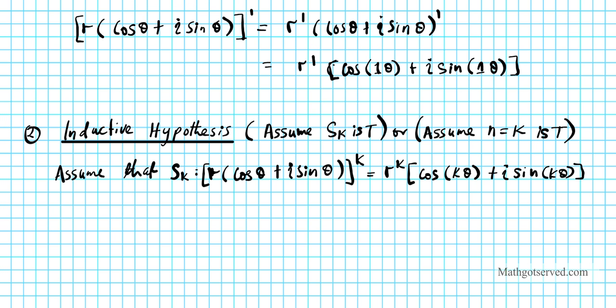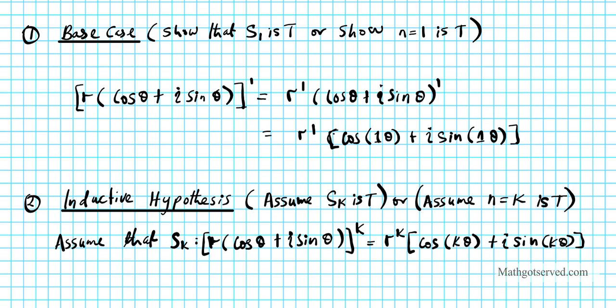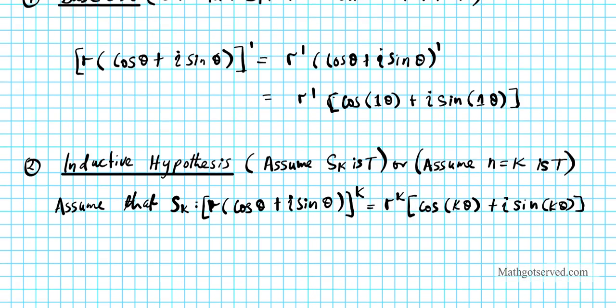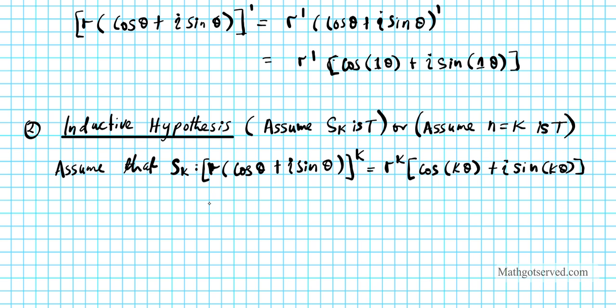So what did I just do here? I just restated the original statement, which we're supposed to prove, replacing n with k. Assume that this statement is true for all k greater than or equal to 1. So that's how you construct your inductive hypothesis.